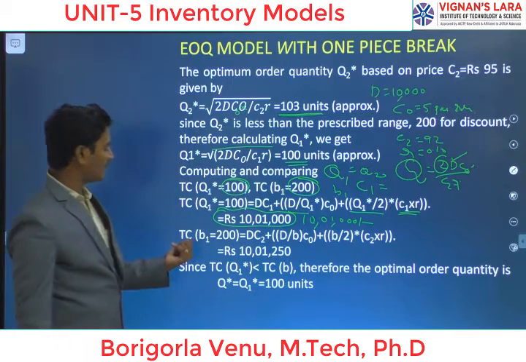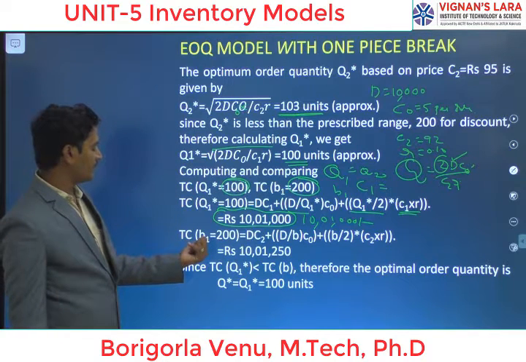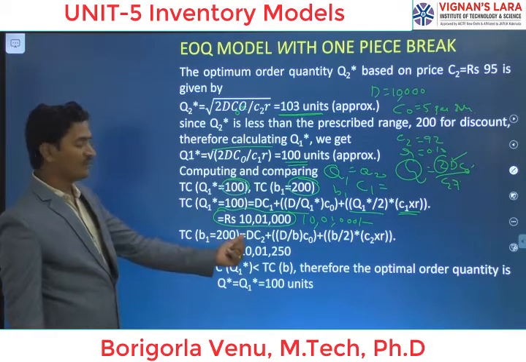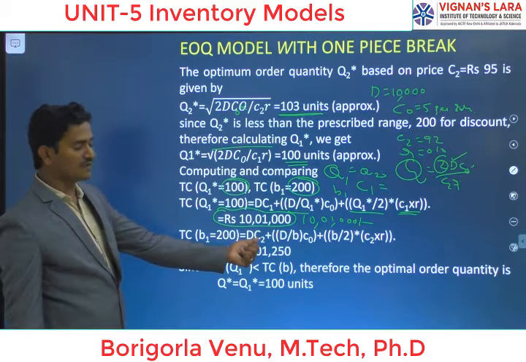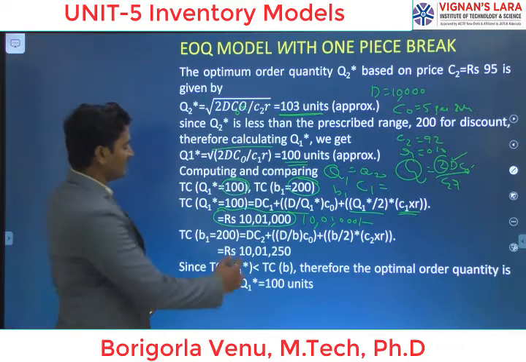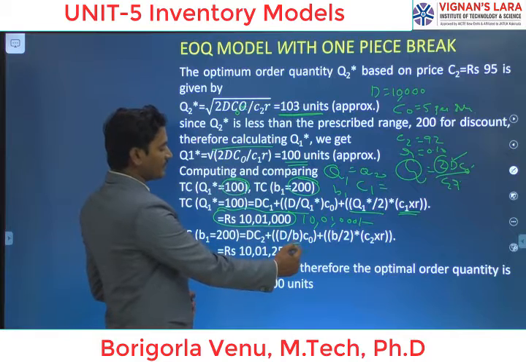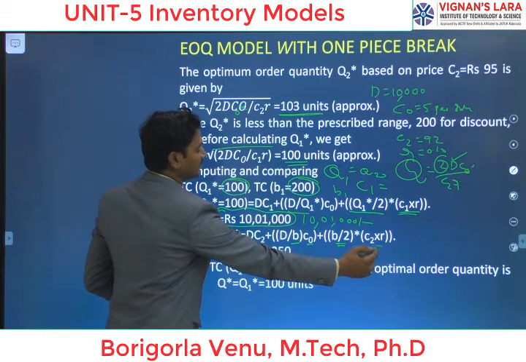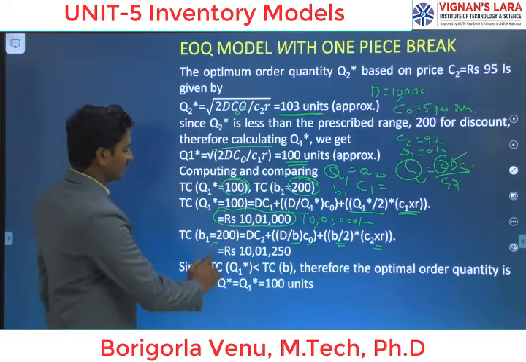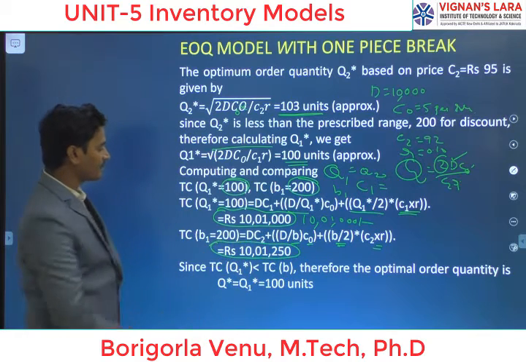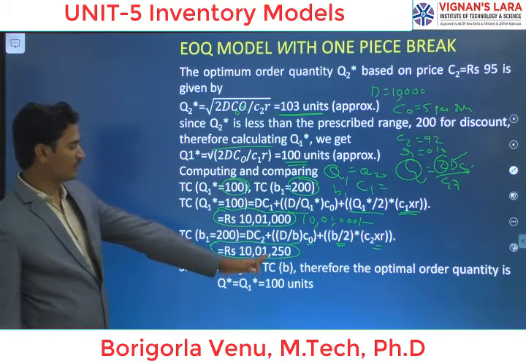Then we are going to calculate the TC value, B1 equal to 200, and here we are going to calculate as per the second value, DC2 plus D by B C0 plus B by 2 C2 into R. From this we get the value 10 lakh 1 rupee 250.